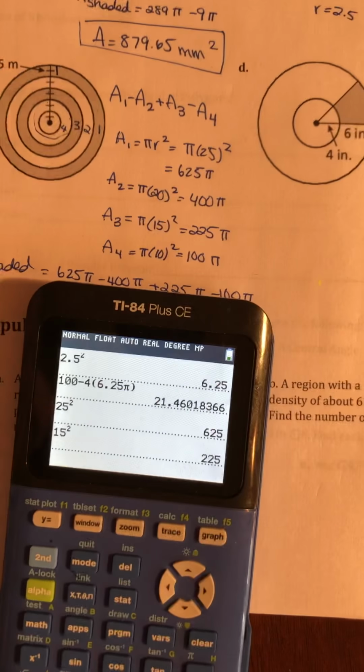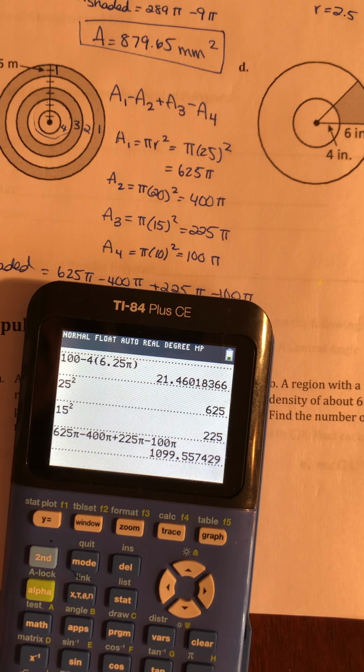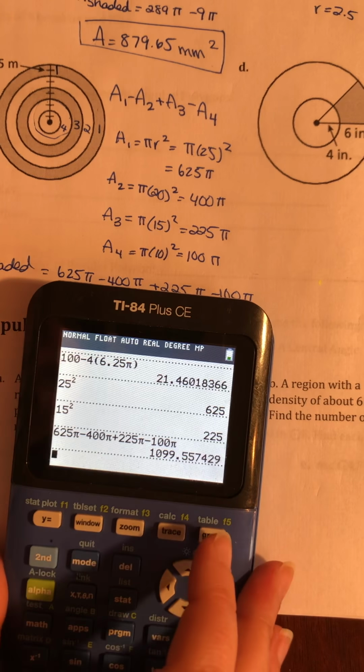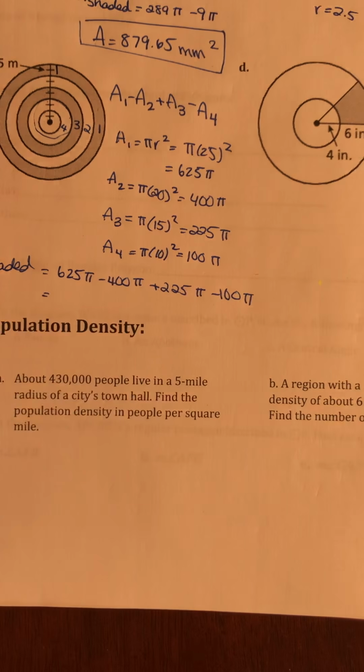So 625 pi minus 400 pi plus 225 pi minus 100 pi. It's going to give you 1,099.56.